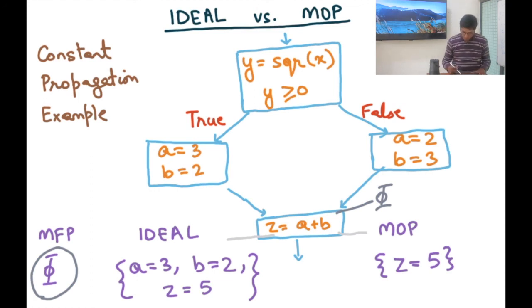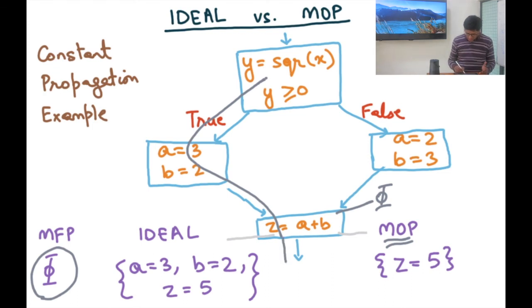Now let's look at the MOP solution, the meet over paths solution. The meet over paths solution says, let's look at all the paths that may reach that program point, compute the transfer functions, and then meet over them. In one case, it's going to be this path all the way to the end, and here the transfer function is going to say a equals 3, b equals 2 and z equals 5.